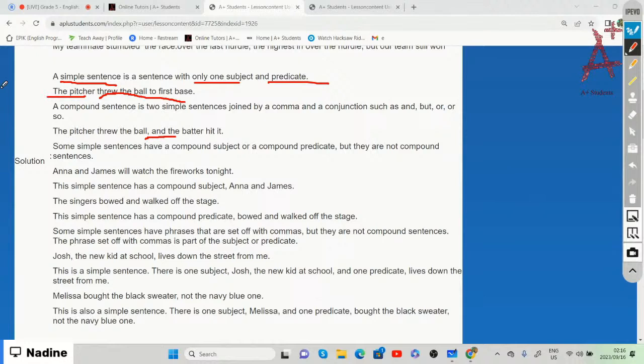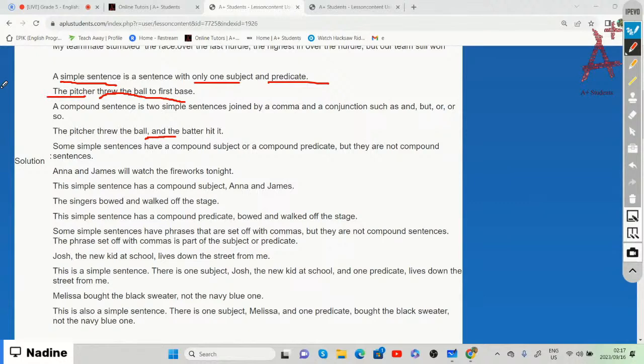And then some simple sentences have a compound subject or a compound predicate, but they are not compound sentences. For example, if we make mention of two people's names, that doesn't necessarily mean that we are now working with compound sentences. Nope. It's the same as saying Anna and James. We could have said the kids, or the learners, or the brothers, or the sisters, or the siblings, but we specifically made mention of their names individually.